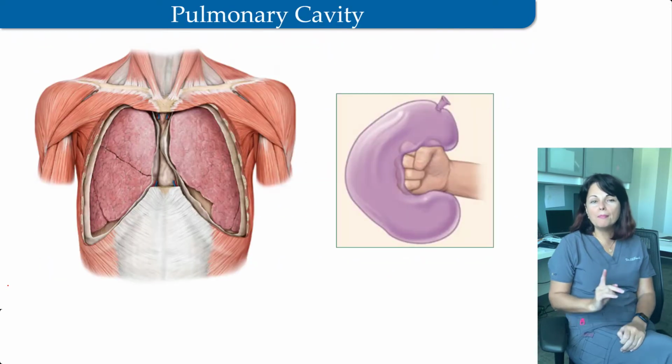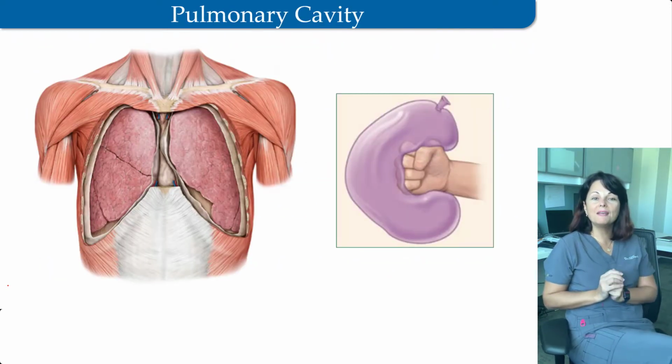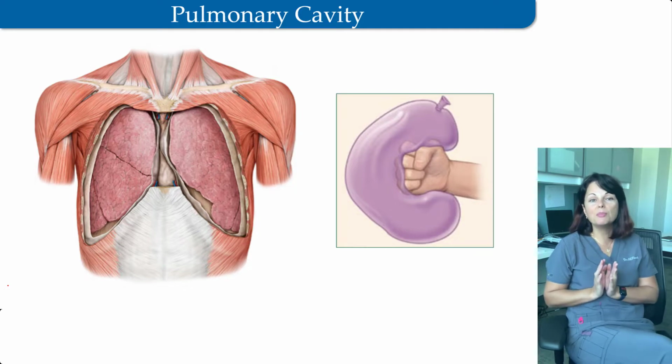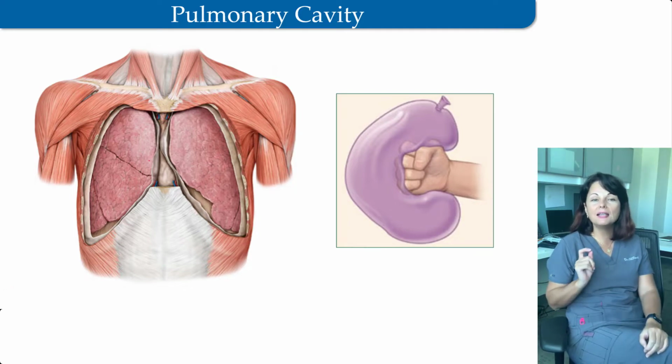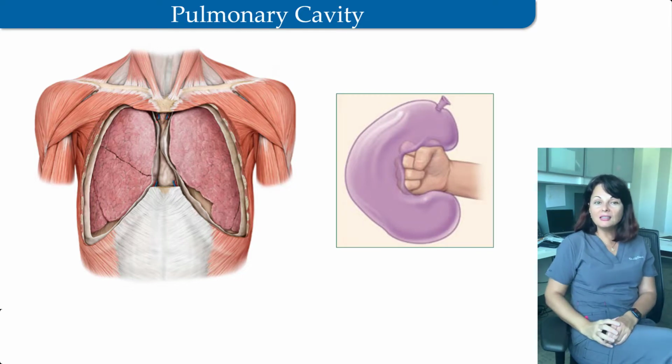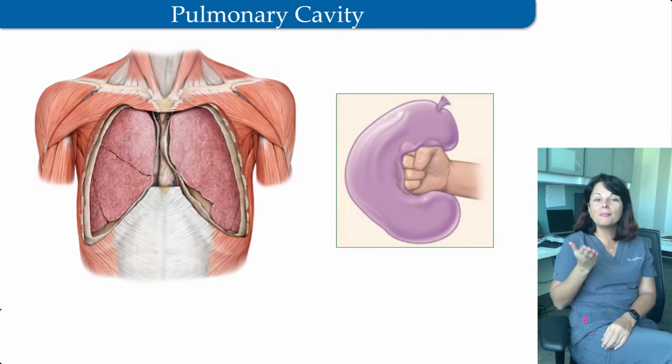As you may remember, each pulmonary cavity is lined by a serous membrane covered by a single layer of mesothelial cells. We call this membrane pleura. At the root of the lung, pleura reflects from the inner thoracic wall to the surface of the lung and covers them.